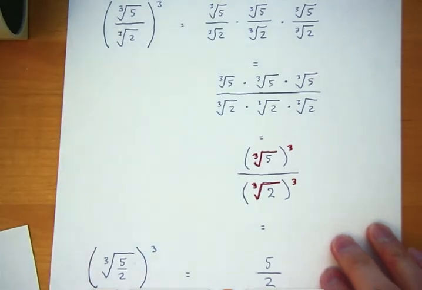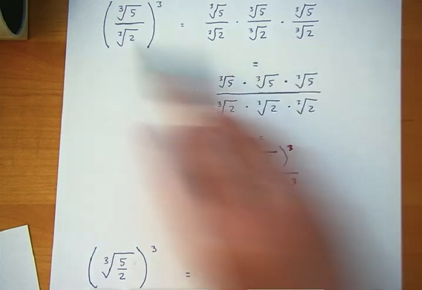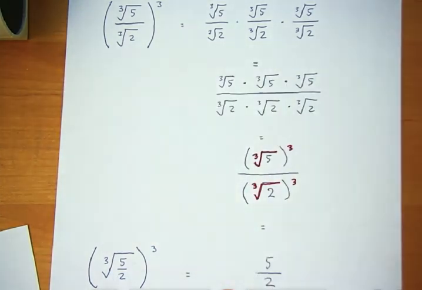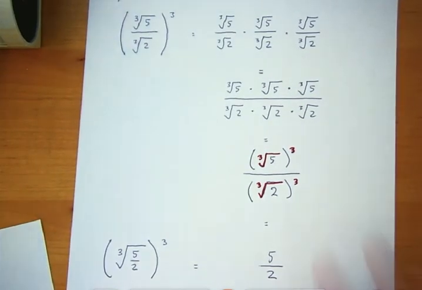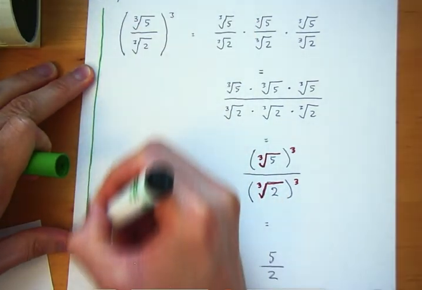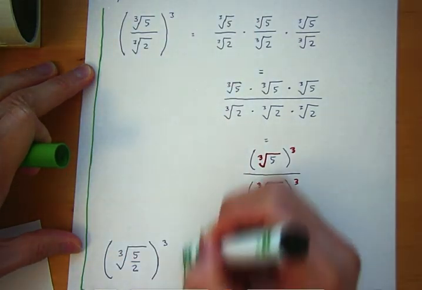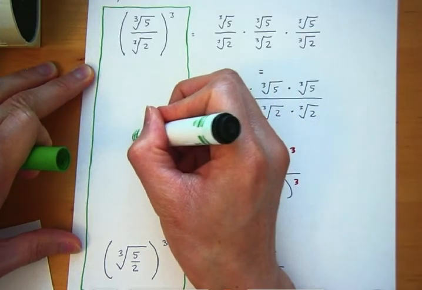For the same similar reason, this exponent 3 and this third root are opposites, so they undo each other, or cancel, and all you're left with is 5 over 2. So all of these here are equal to each other. And so using that thinking, I know that the one we started with and the one we ended with are equal to each other.